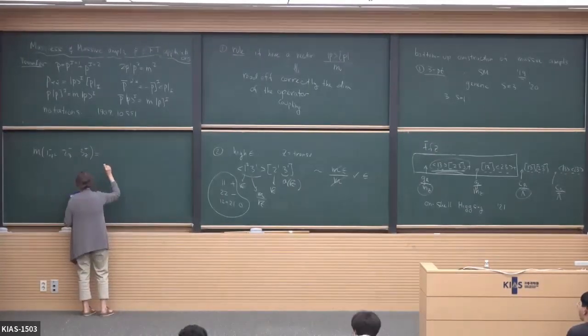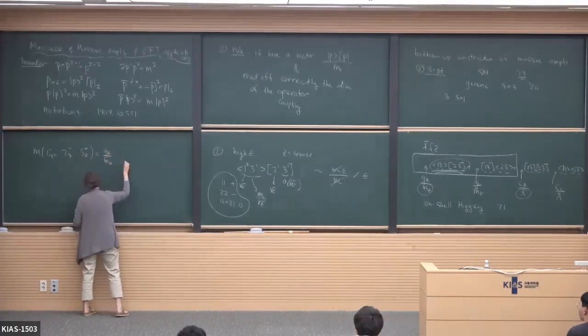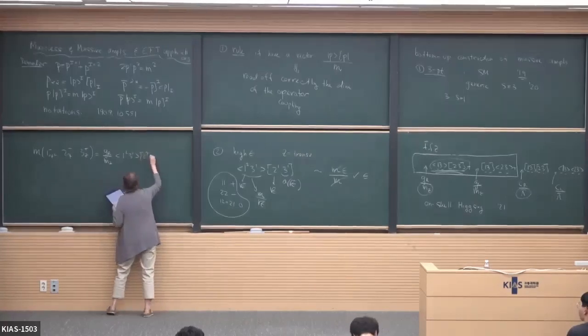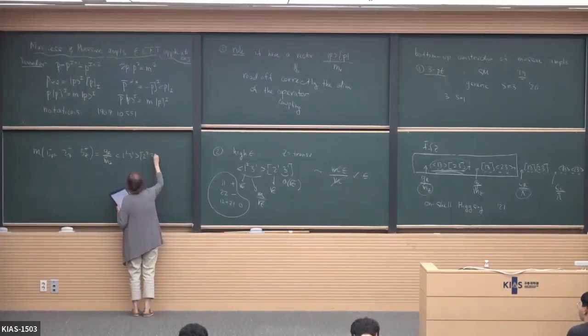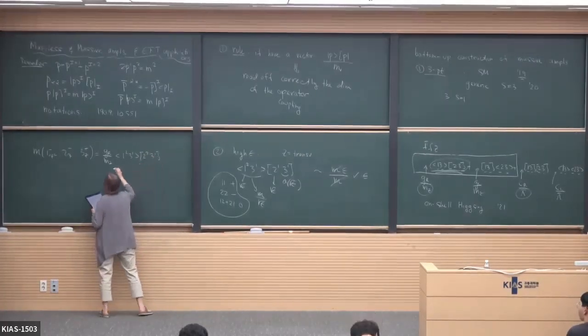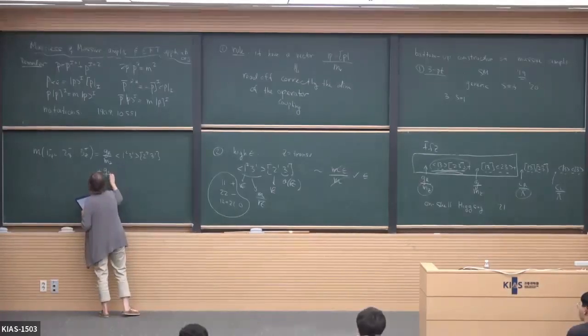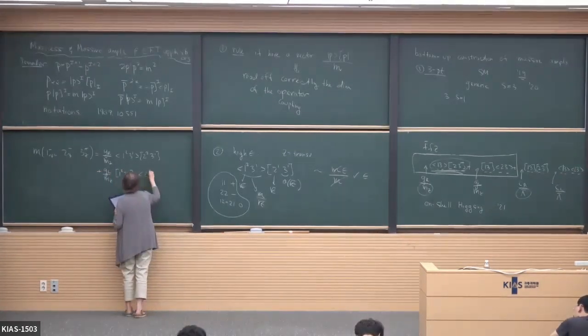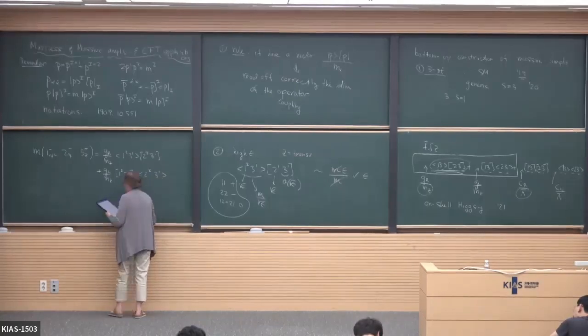And then we have GR over MZ times 1, 2, 3, 1, 2, 2, 3, 1, plus GL over MZ, 1, 2, 3, 1, 2, 2, 3, 1.